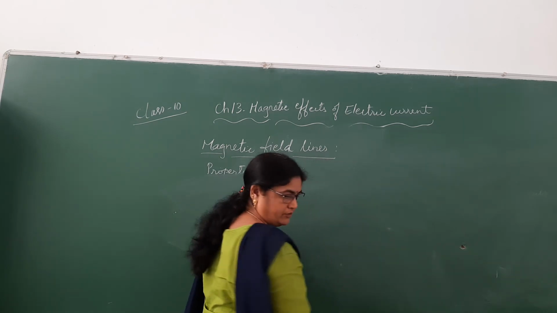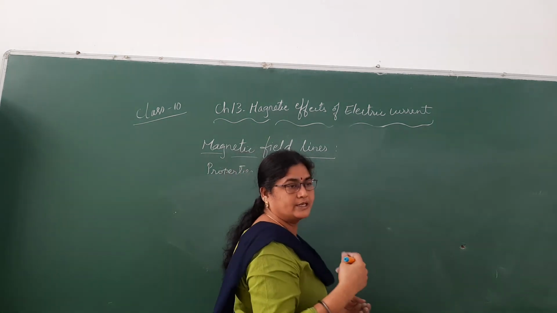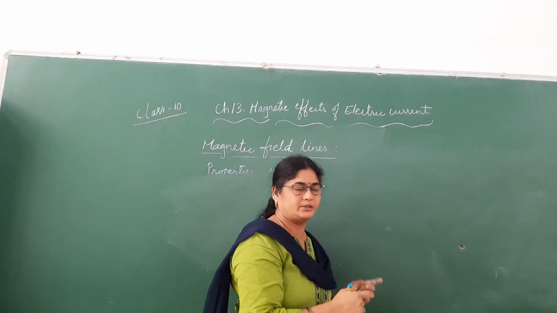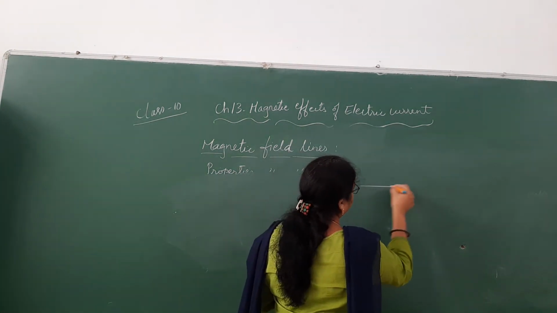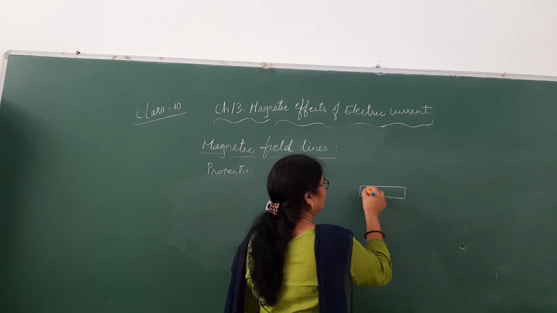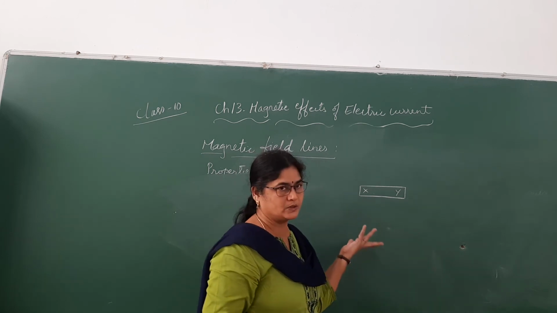So I am going to give you one exercise here. From the examination point of view, this is very, very important. You have to analyze the figure. I have a bar magnet with its poles X and Y. We don't know what those poles are.